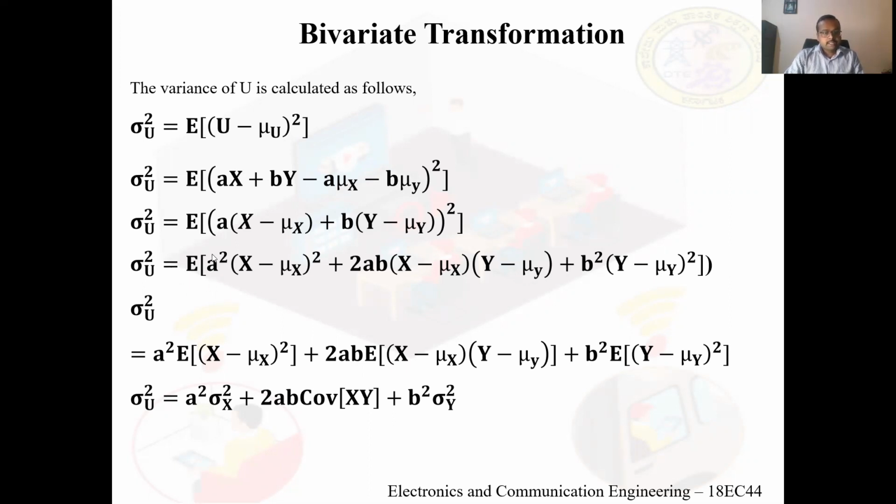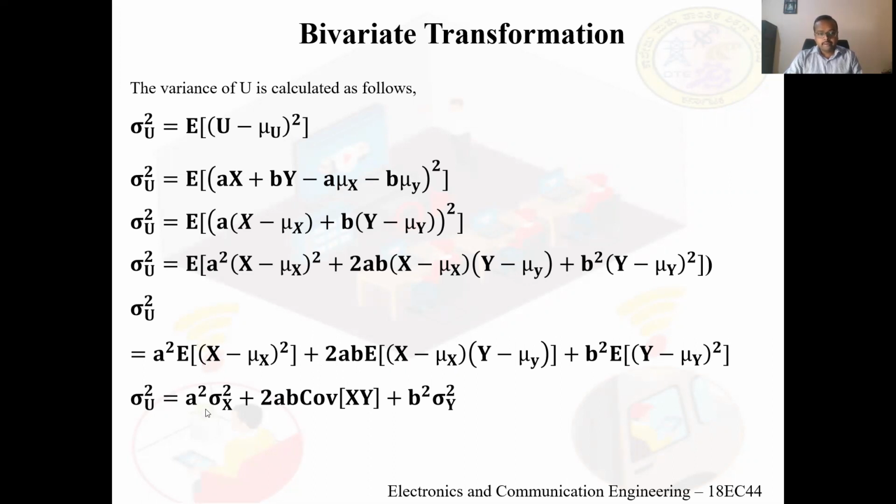Now since the expectation operator is a linear operator, this could be written as a square E of x minus mu x whole square plus 2ab E of x minus mu x, y minus mu y, plus b square E of y minus mu y whole square. Now what is this E of x minus mu x whole square?